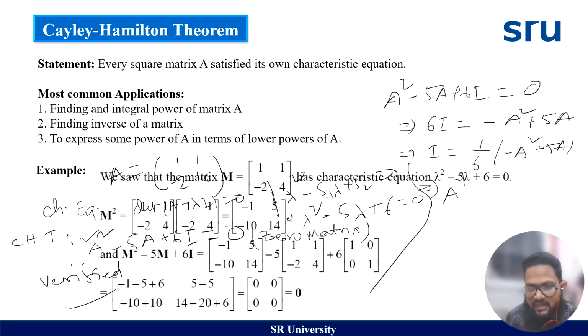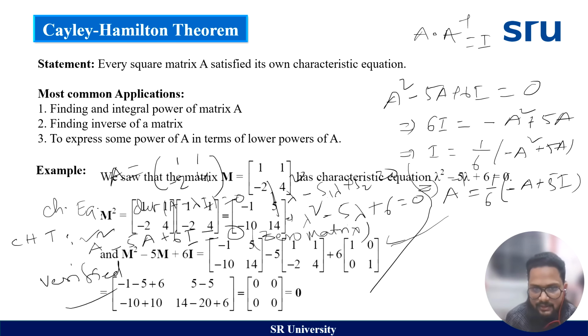I into A inverse, I being the identity matrix, gives the same matrix. So A inverse equals 1 by 6, then minus A square into A inverse, which is only A, plus 5 into A inverse, and you know that A into A inverse gives the identity, so 5I. Now you know the A value and the 5 value, just substitute here.